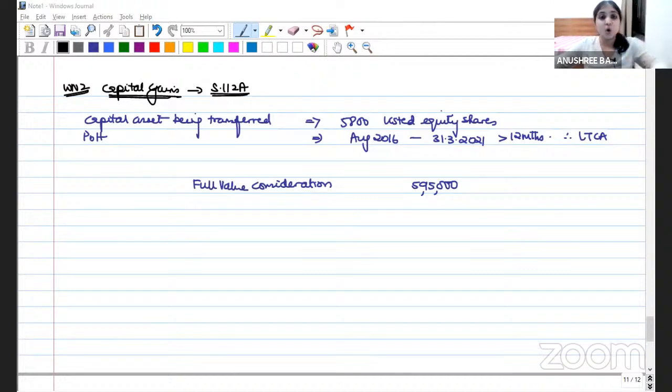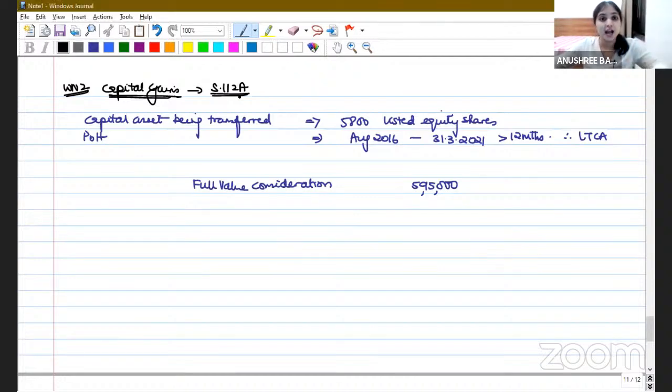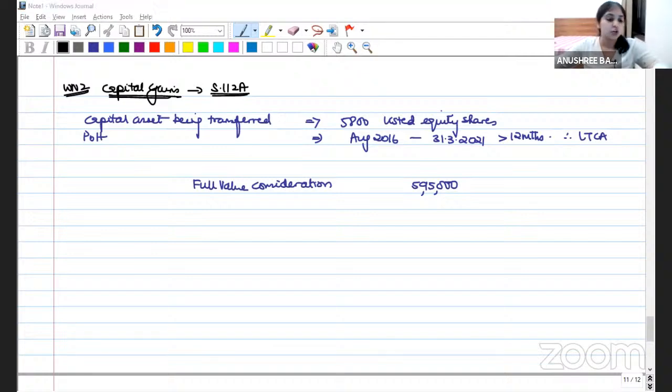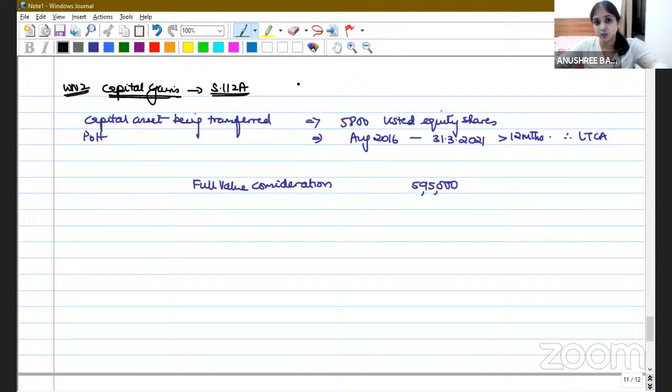Cost of acquisition, or this lesser number, whichever is higher, right? And up to 1 lakh, no taxation. Beyond 1 lakh, on the excess, you have to pay tax at what rate? 10%. Basic exemption limit, you can adjust. Chapter 6A, not allowed. Rebate under section 87A also not allowed. This is what we have discussed already under section 112A.